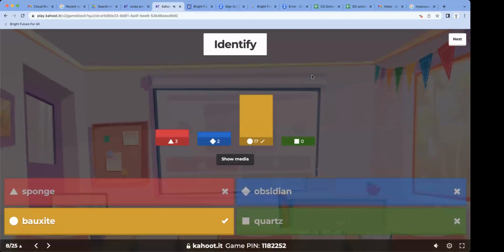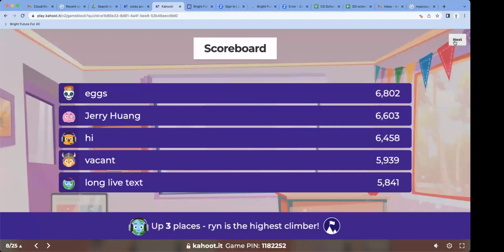Okay, yeah, so this is bauxite. It's not a sponge. Next question.